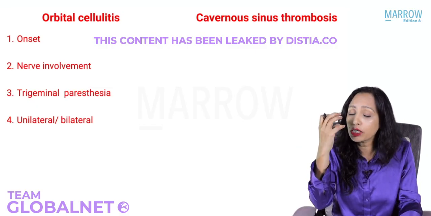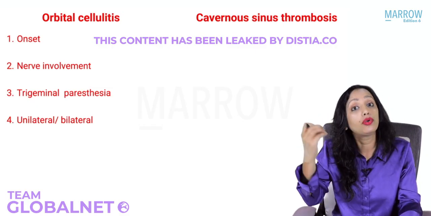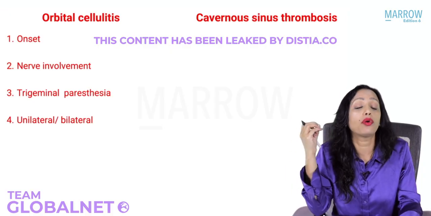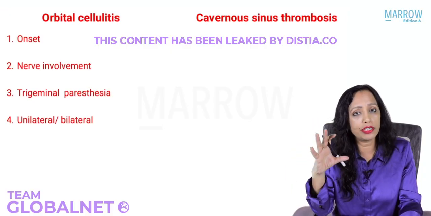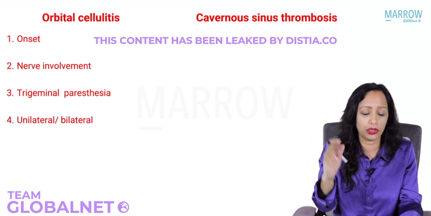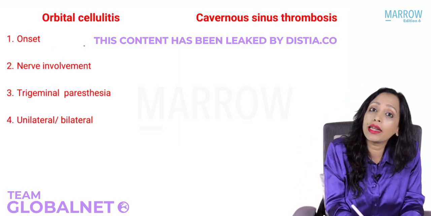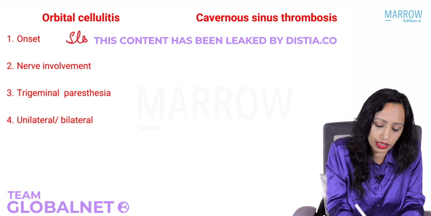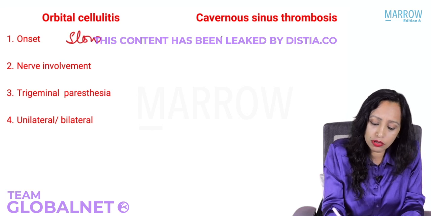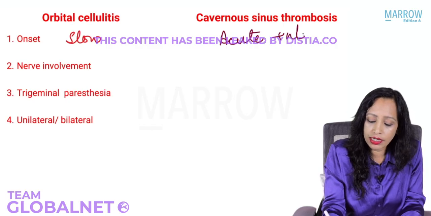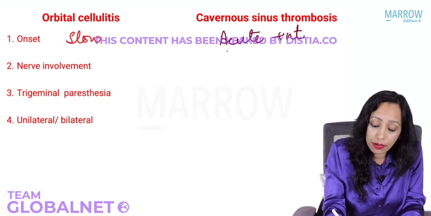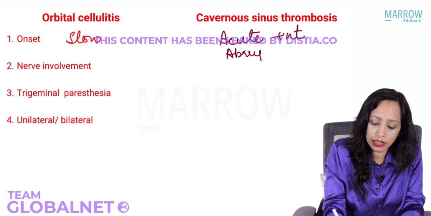It will not progress from periorbital edema to ophthalmoplegia. So the onset in orbital cellulitis is slow, whereas cavernous sinus thrombosis has a very acute, abrupt onset.